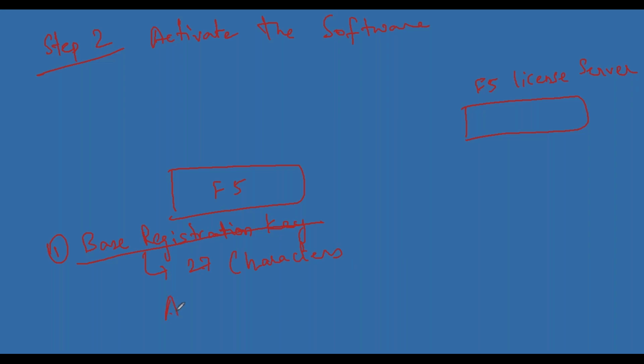So it would be something like, for example, a dash bbb. Like this, 27 characters will be present. Using this, the next step is to create a file called the dossier. This dossier file is nothing but an encrypted file which tells what hardware you are using and what software you are entitled to use.